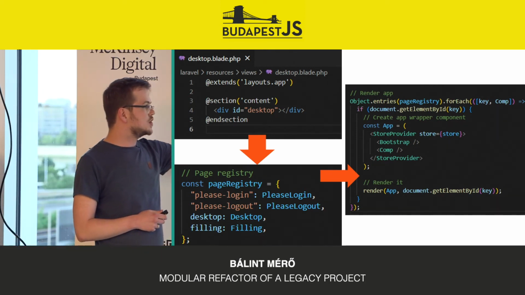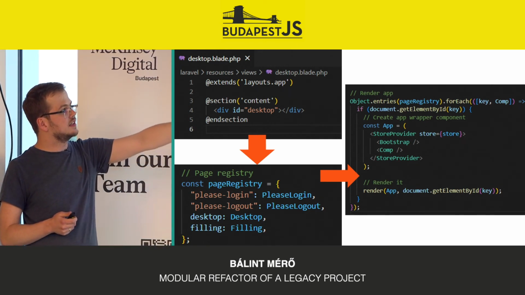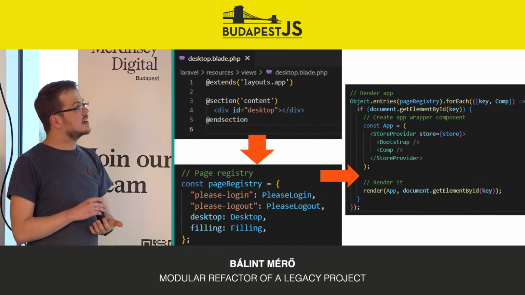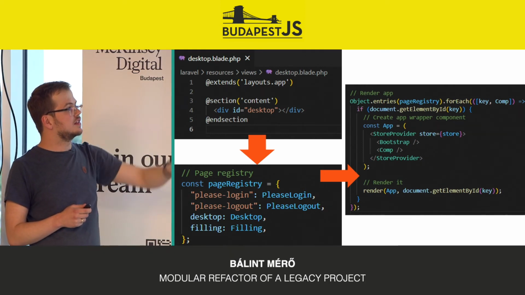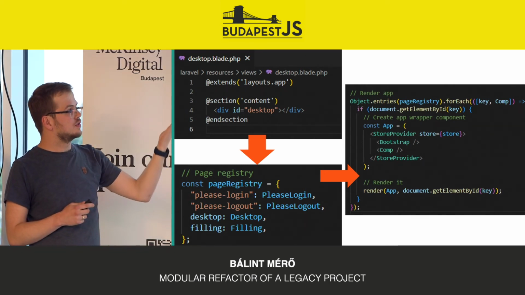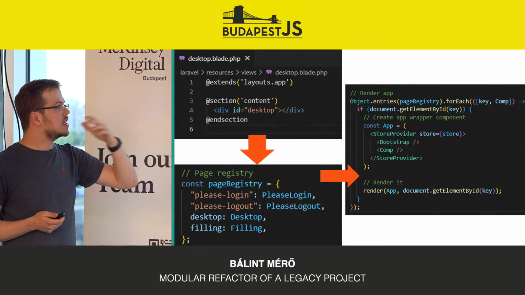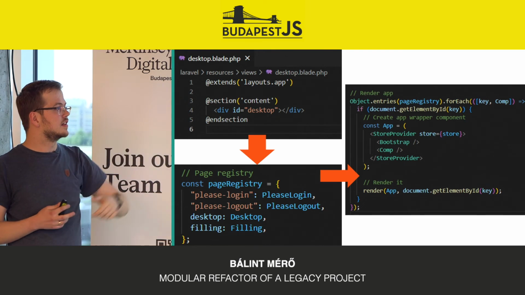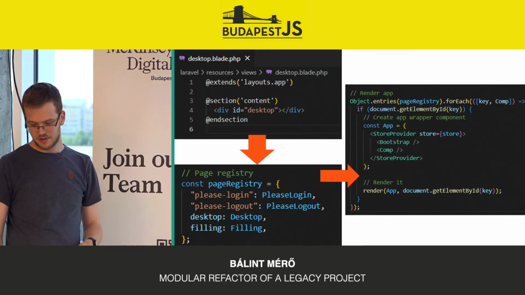It's an object. This is what we call the page registry, and it iterates over that and finds the corresponding ID, and if it finds one from the rendered HTML ID, then it renders the whole application itself.